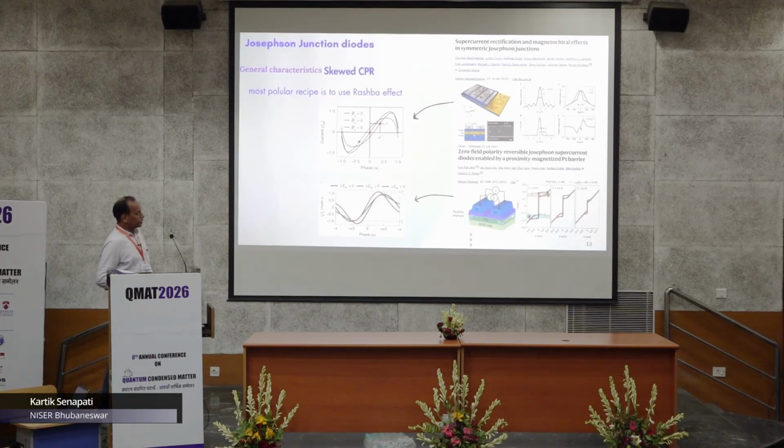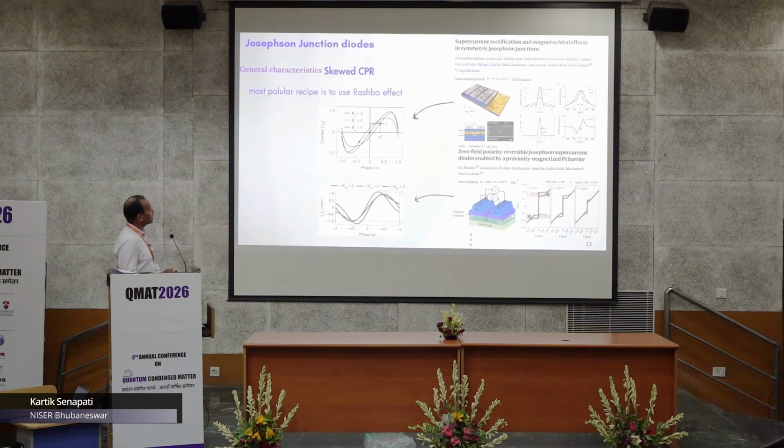Using that idea, one of the first papers was by Christoph Strunk in 2022, where they used aluminum, and then there is a 2D gas here. The Josephson coupling happened through this aluminum and the 2D gas system.